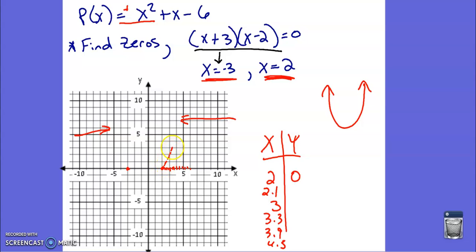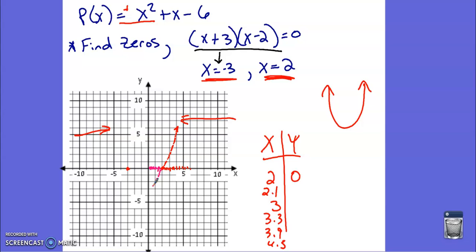It's increasing this way. As I go a little lower, if I start plugging in 1.5, 1.4, notice the graph is going below the x line. So notice at the zero, it switches.